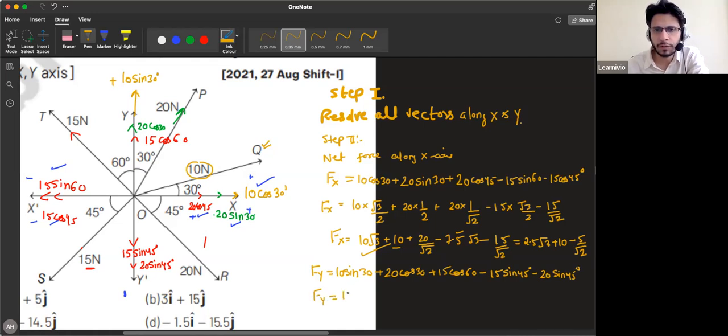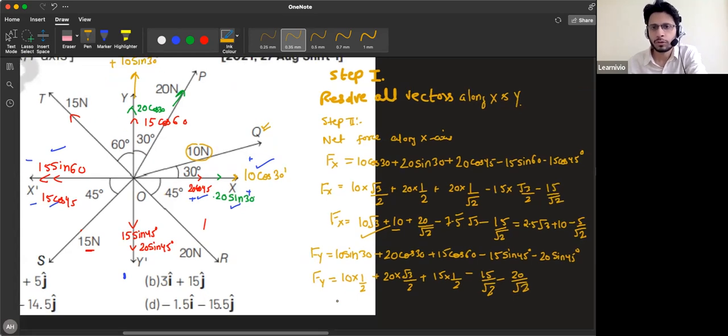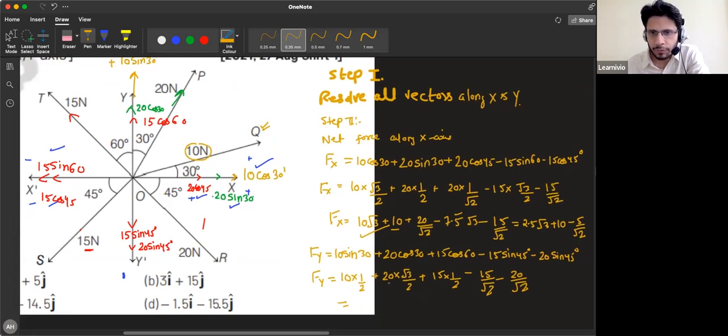So sin 30 is half. It's 10 into half. 20 into cos 30, root 3 by 2. 15 into cos 60, it's half. Sin 45 is 1 by root 2, minus 20 by root 2. So see, 10 by 2 is 5. It's plus, this will be 10 root 3. 15 by 2 is 7.5.